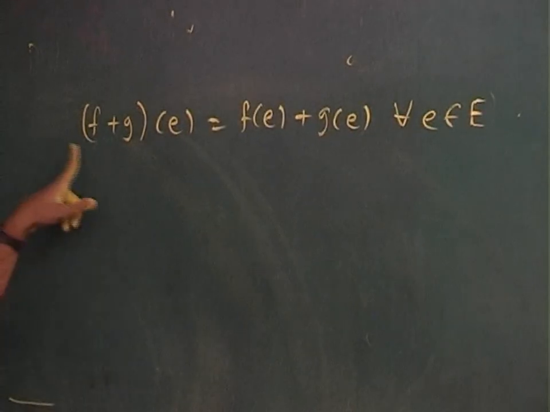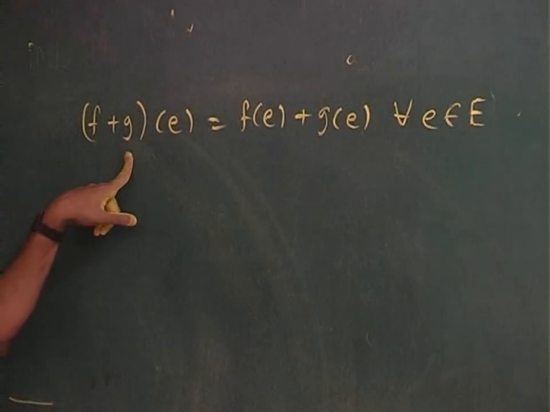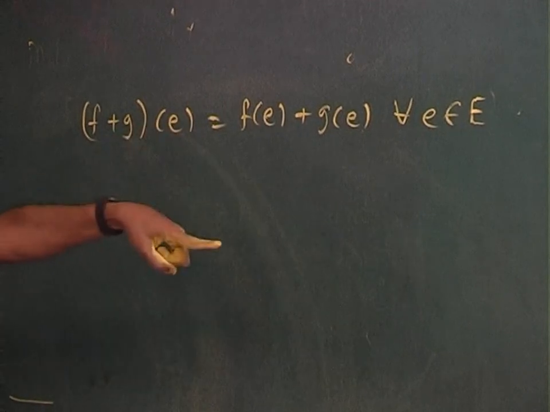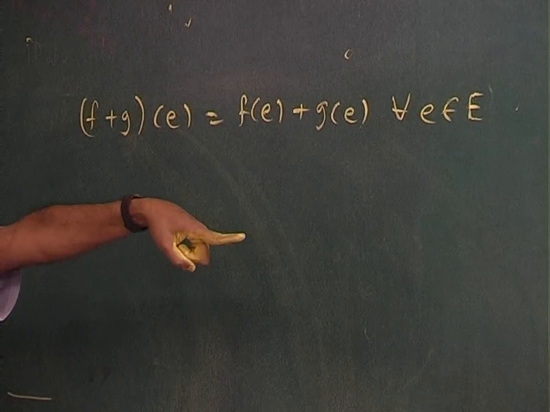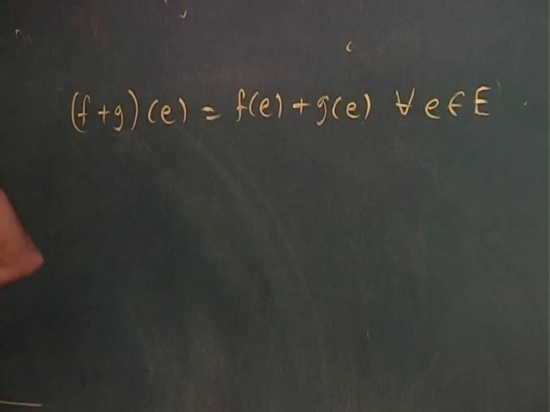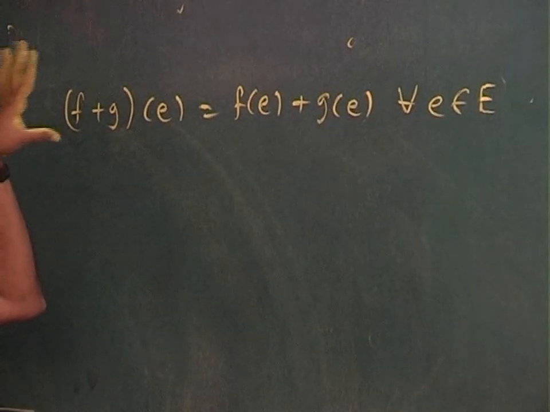If F happens to be a circulation, G happens to be a circulation, then that balance will be satisfied for F plus G also. That equation will hold for F plus G. Therefore, the sum of circulations is a circulation.